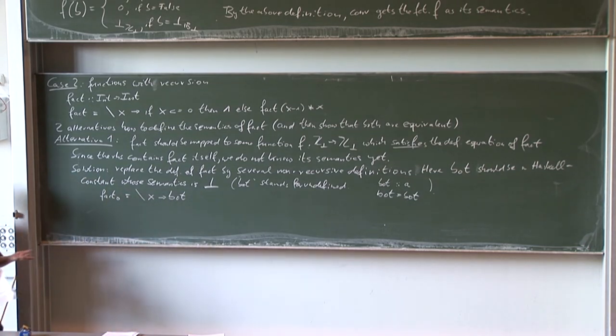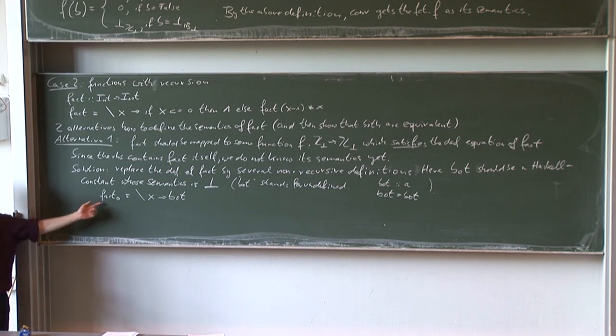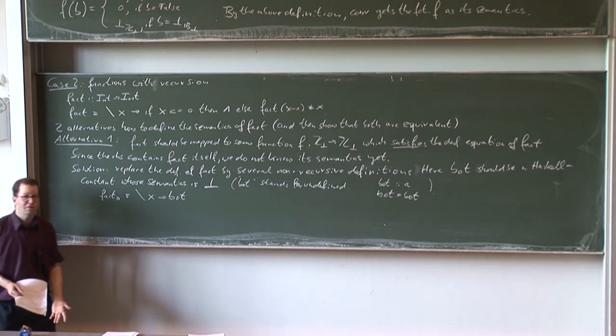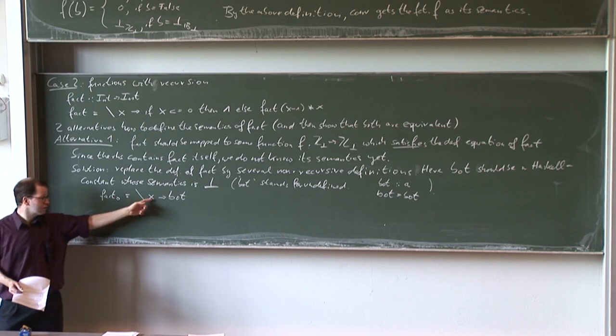The idea is these functions should be approximations to the real factorial function. They should do almost the same as factorial, but there are some elements where factorial would be defined, whereas these approximations are undefined. Now, this is a very bad approximation because this is always undefined. If you apply fact0 to some integer, it gives you bottom, so this is never defined.